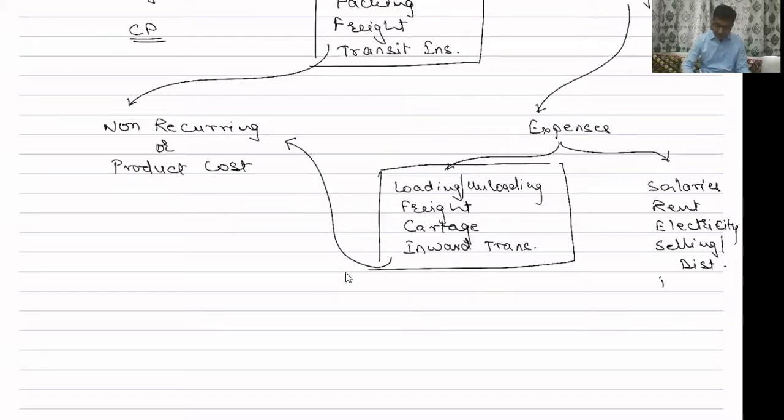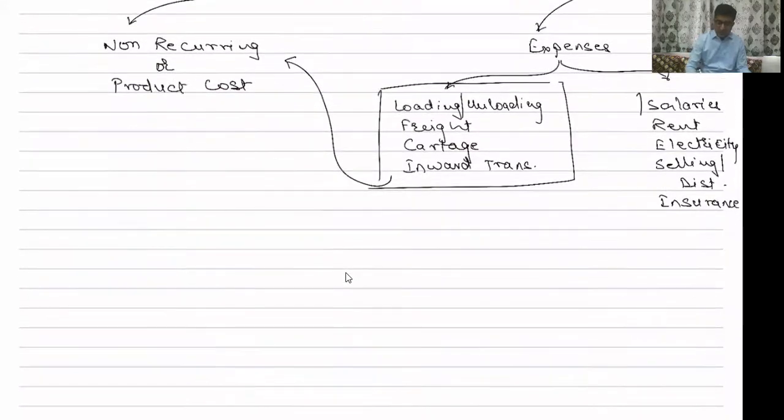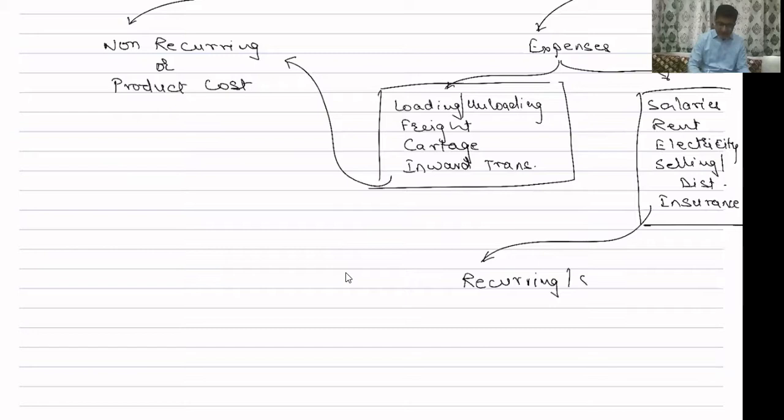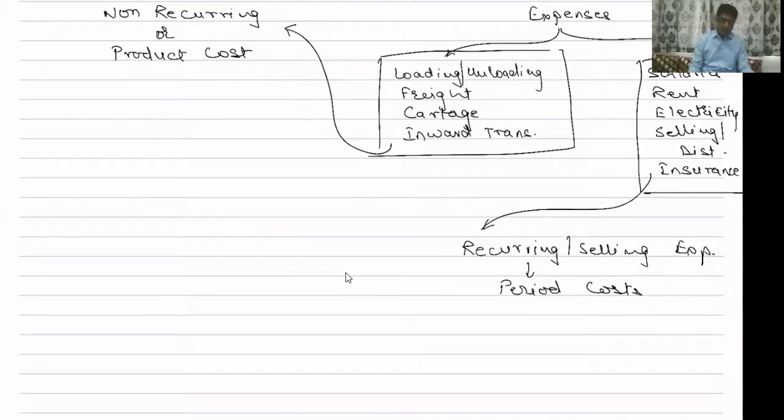But the consignee may also incur the expenses related to salaries, rent, electricity, selling and distribution. These all are related to the recurring expenses or selling expenses, and therefore these are also called as the periodic costs. As per accounting standard 2 valuation of inventory, what we are supposed to include is only the product cost and not the period costs.